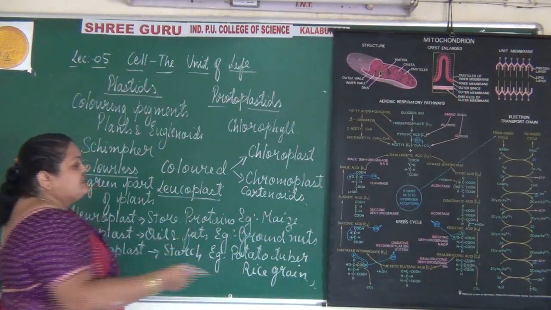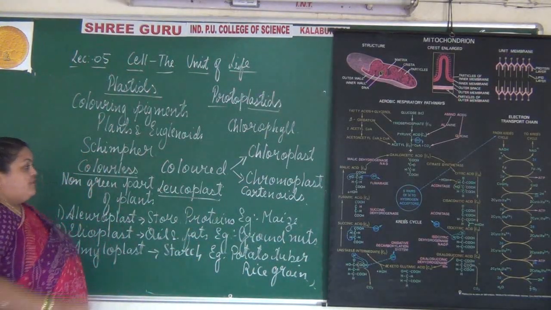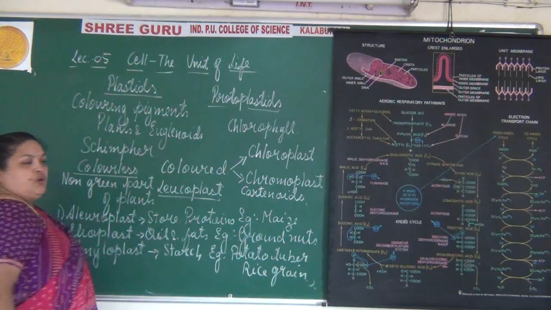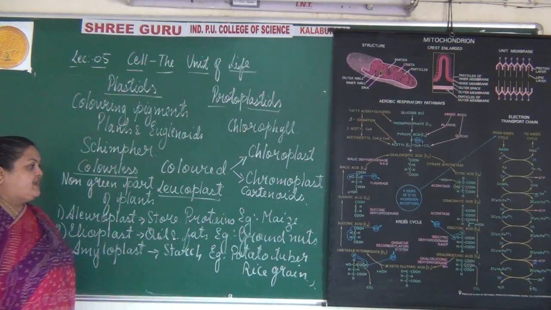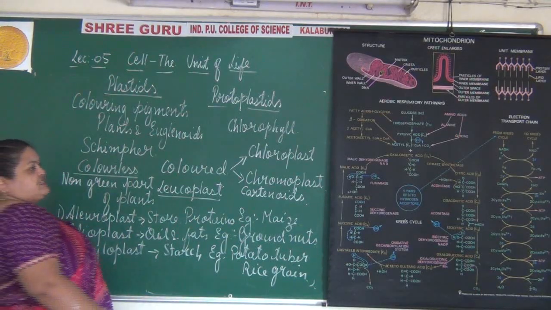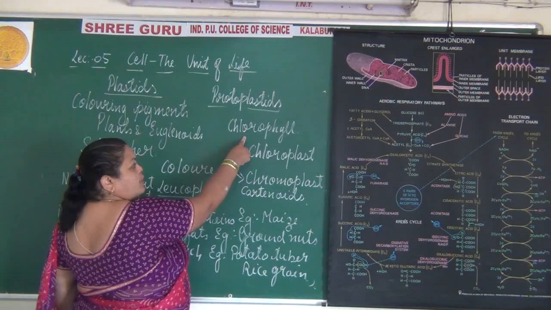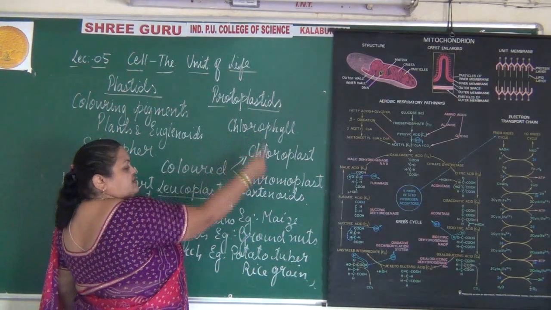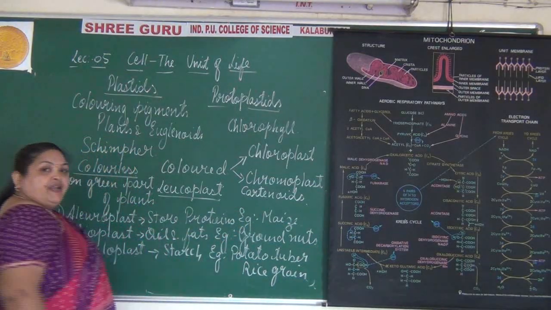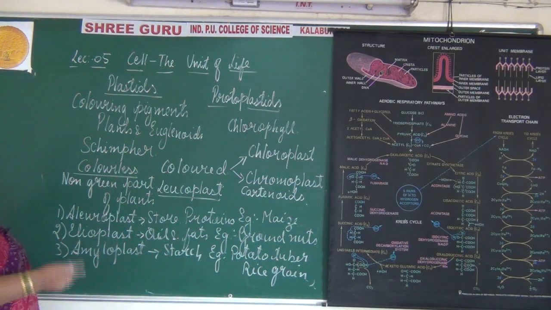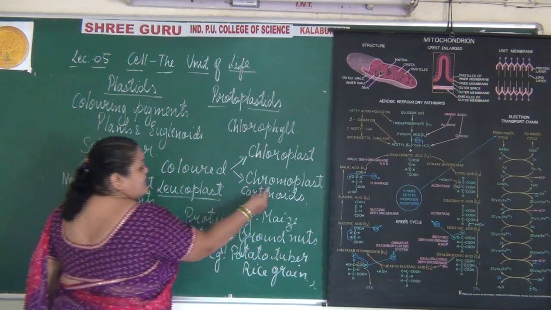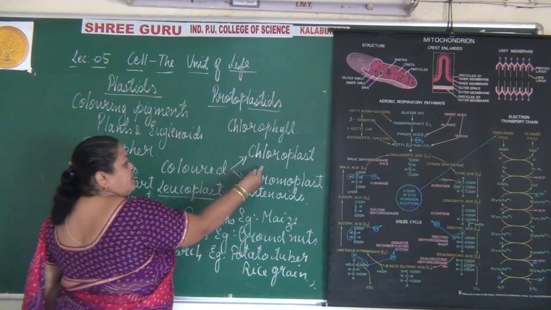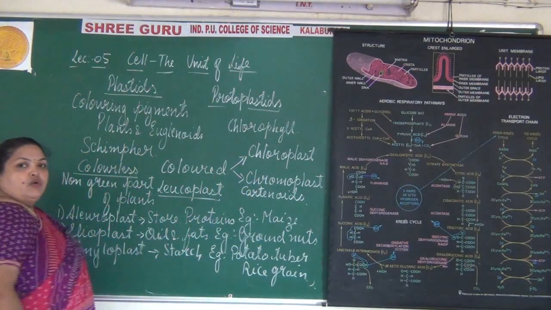So here there can be interchange. There can be conversion from a leucoplast to chloroplast or chromoplast. For example, you take a mango. Mango initially develops chlorophyll components, which later on when ripened change to form the carotenoids. So the chromoplast can develop from a leucoplast, or the chloroplast can develop from a leucoplast.